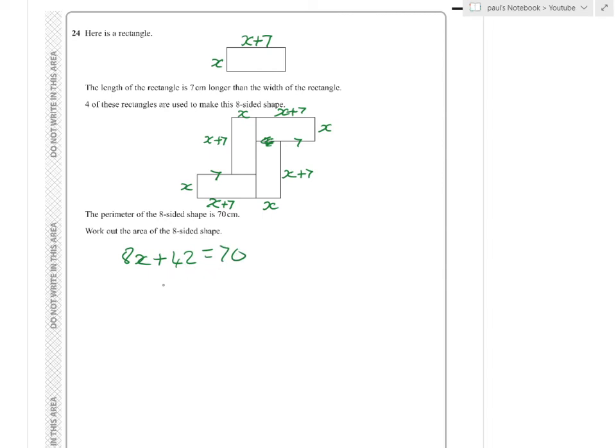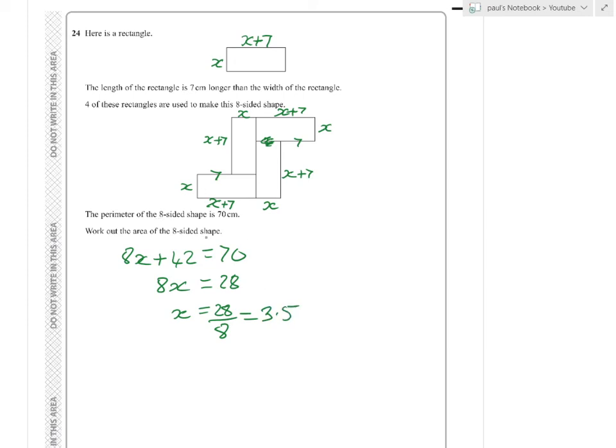Right, so take away 42 first of all. So 8x is 28. Oh no, it's a half a number. x is 28 divided by 8. Oh, I was hoping it was going to be a whole number. Maybe I've made a mistake. 3.5. Not too bad.